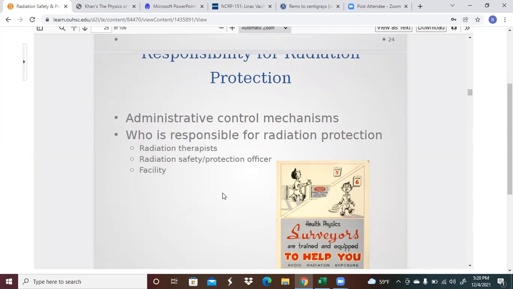So the responsibility for radiation protection, the administrative controls will mean that, basically, are there areas restricted for you to be able to go into? I've seen some clinics in which you have areas on the roof where you cannot go during treatment time because the shielding up there is not in place to be able to protect anybody.